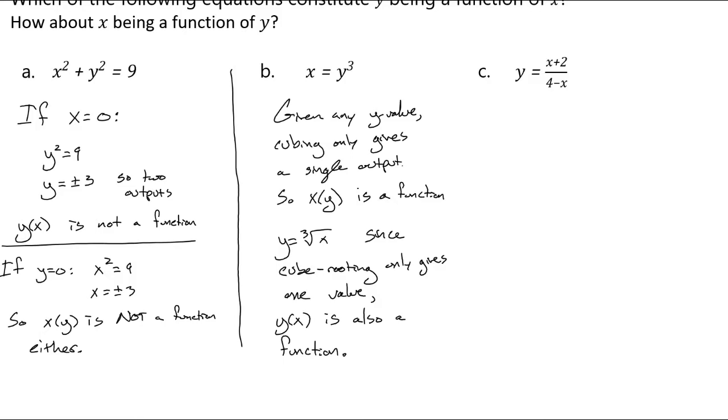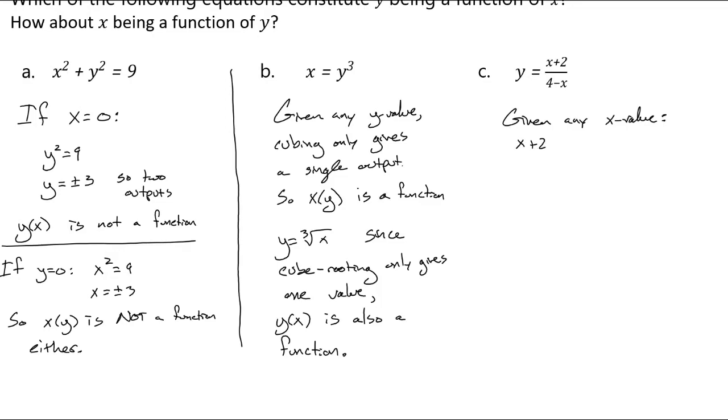Let's look over at part C. This one's going to be a bit more complicated. If I plug in any x value, well, there's only going to be one y output, but let's make sure we understand why. We would plug it into the top and to the bottom.